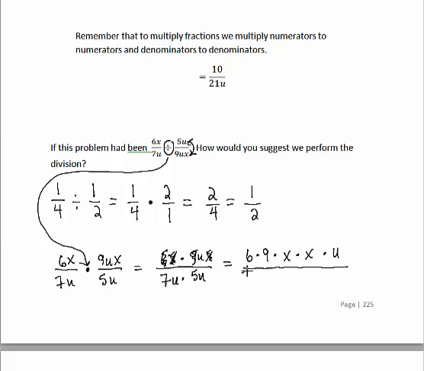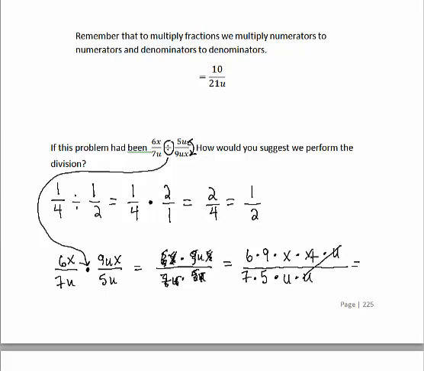And on the bottom we could place the coefficients side by side and then we only have u's, and there's two of them, 1, 2. Well, this u cancels that one out, and that's the only two that'll cancel.